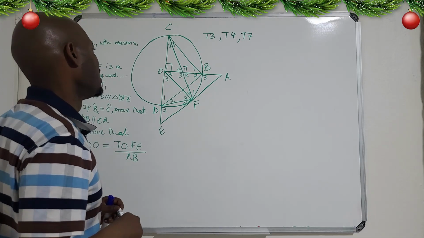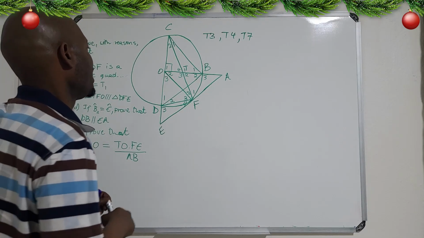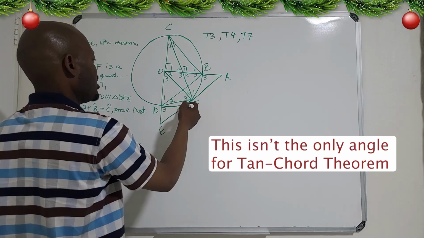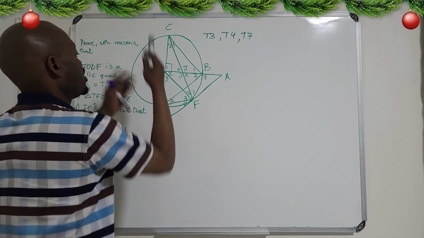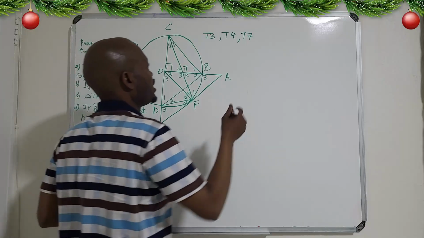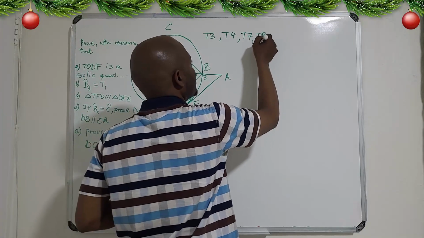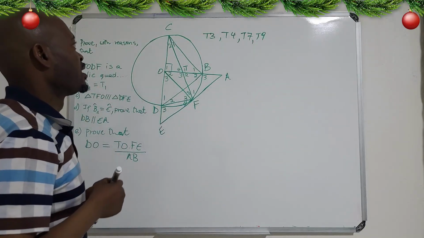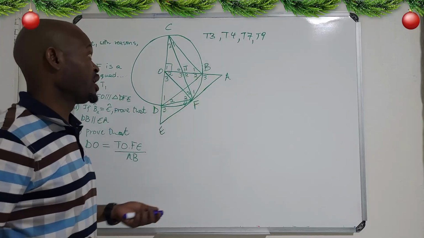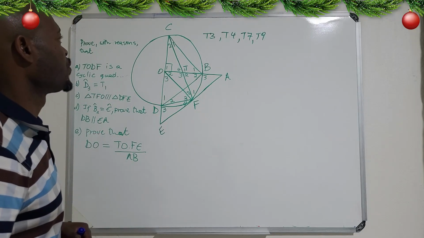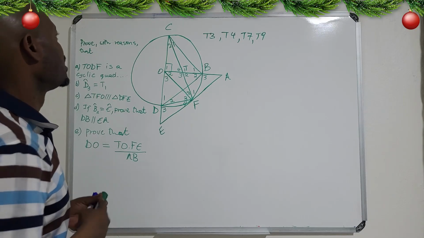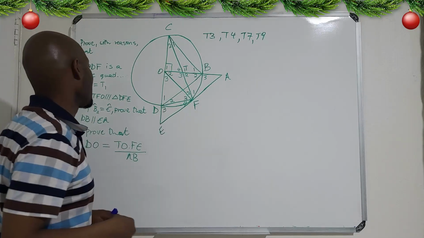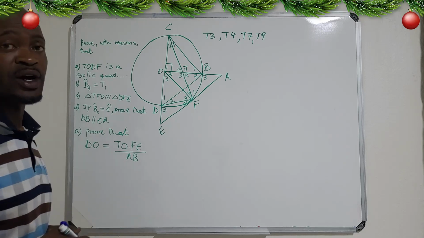Theorem number 9, we do have it here, because there's an angle made by the chord and the tangent, which is going to be equal to an angle in the alternate segment. Therefore, we have T9 there. So we might use all these theorems we know from part 2 and 3, or we can use some of them.